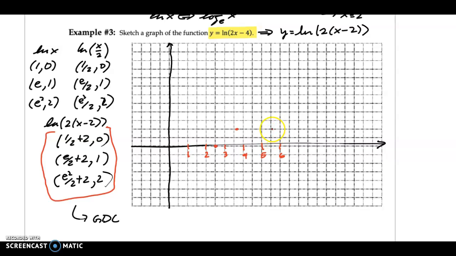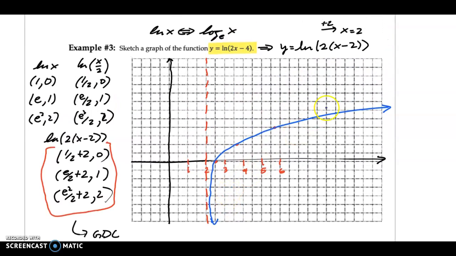If that's 1 here, then 2 has got to be somewhere up here. So I know my vertical asymptote is right here. I can actually just draw it right here. The curve comes up, passes through here, and then goes off something like that.